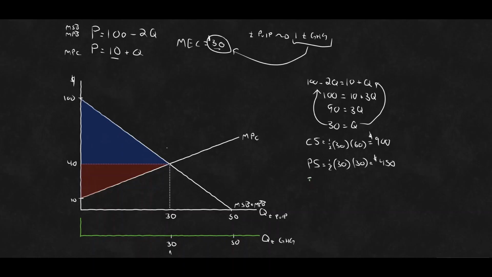So we have a total external cost, or a pollution cost, of $30 per ton times 30 tons. We have altogether a pollution cost of $900, meaning our social surplus altogether is only $450, because the pollution cost completely offsets the consumer surplus.